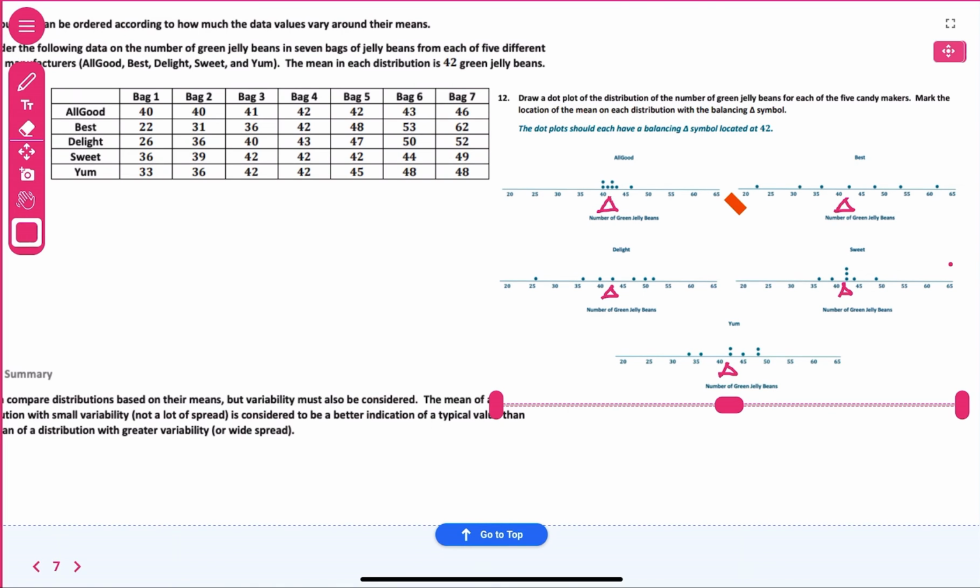Very little variation. So which one has the greatest variation? Which means which one is spread out more? Well, the best brand here, it covers this whole spread. That's a greater variation. They're all different. Notice how these are not all different. They don't vary that much. We've got 2 that are 40, 2 that are 42. There's not a lot of variance there.